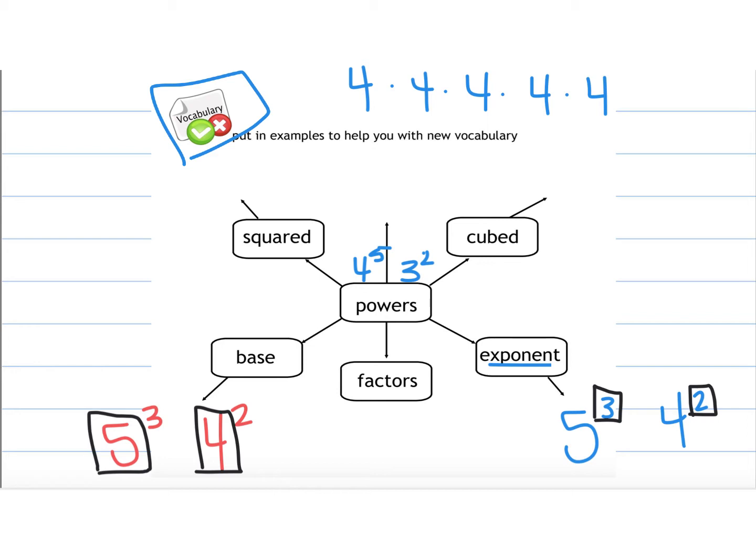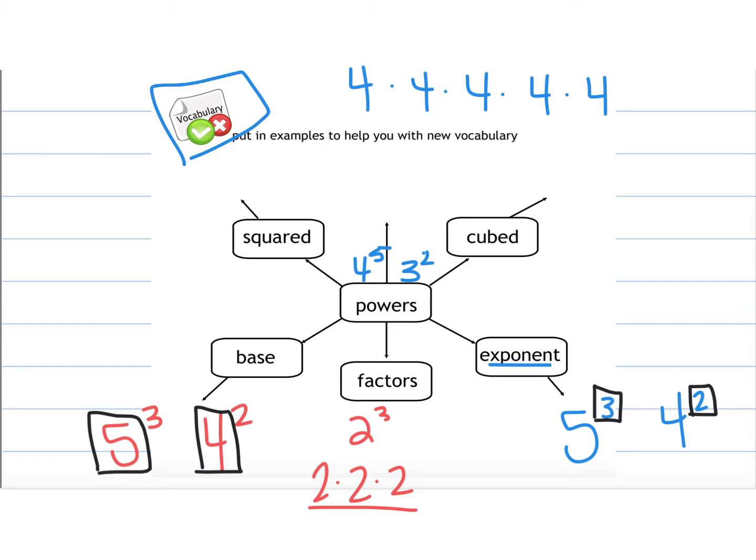Now factors are the numbers that are being multiplied together. So if we have 2 to the power of 3, the factors are 2 times 2 times 2, these numbers that are being multiplied together. Now squared, this is any time that we have a number where the exponent is 2.